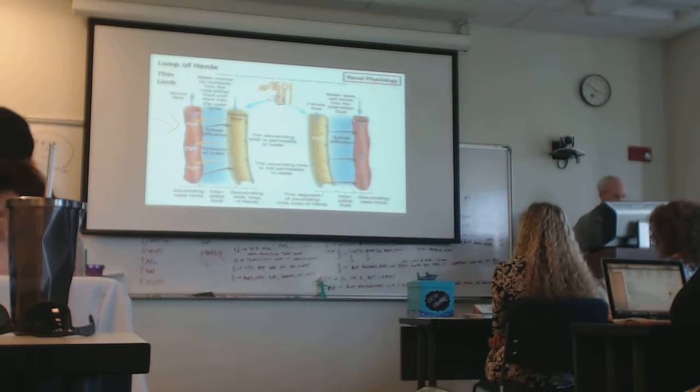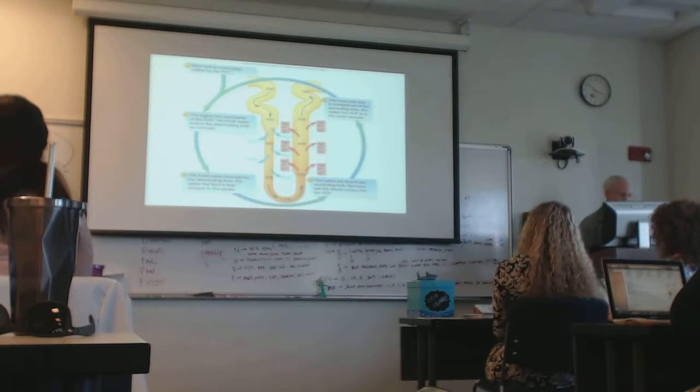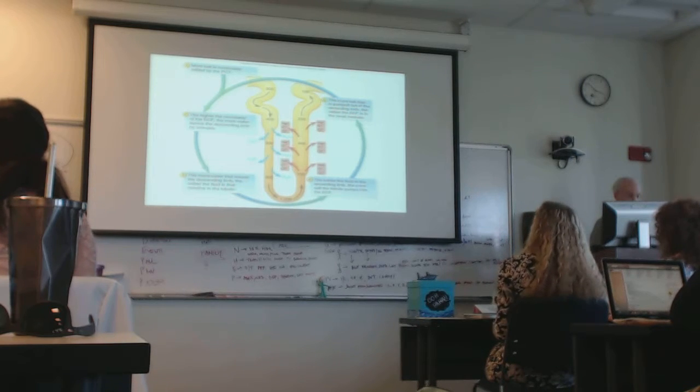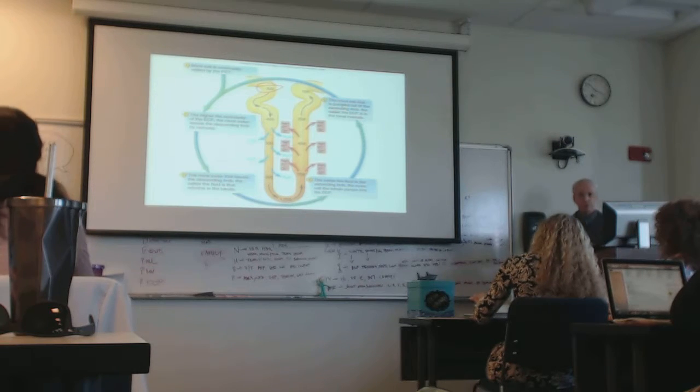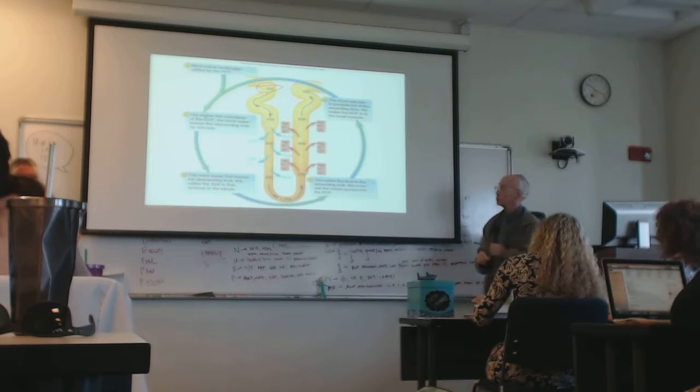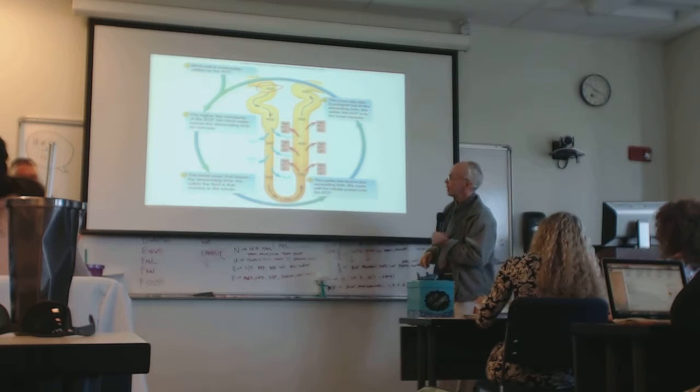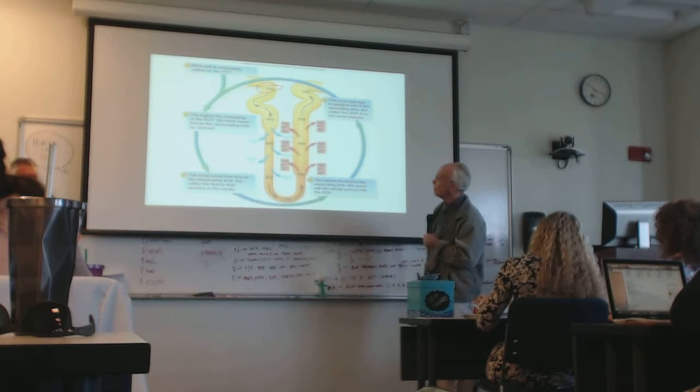So the net result of those two processes, and you can sort of see what's happening here, and be aware of these numbers. We talked about these to some extent. Basically, the filtrate concentration is isoosmotic to that of the blood in the proximal tubule.